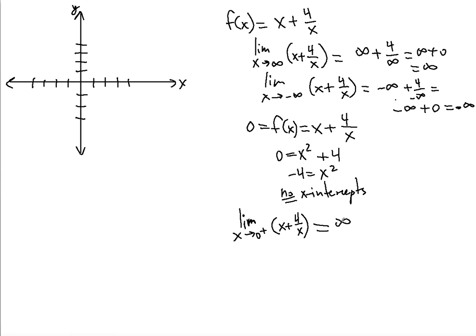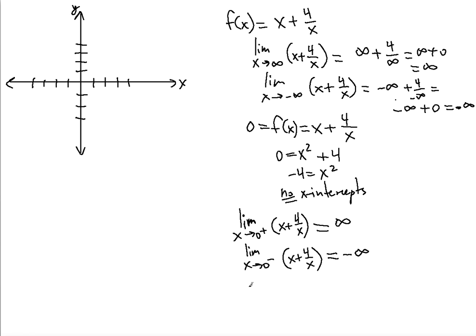So as a result, it will be infinity, and this small x will not matter. And the same thing as x approaches 0 from the left, dividing by this infinitely small negative x will make 4 over x infinitely small, right? So as a result, we will have negative infinity.